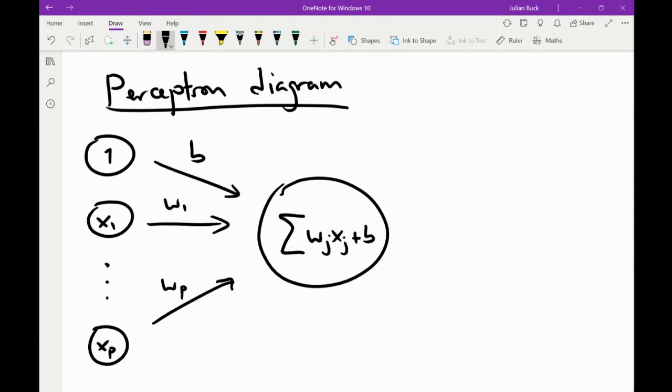We sum up the weighted inputs and add the bias, and that's our net input. From the net input, we get an output, which is going to be a 0 or a 1, depending on whether, as we saw above, the net input plus the bias is positive or negative.